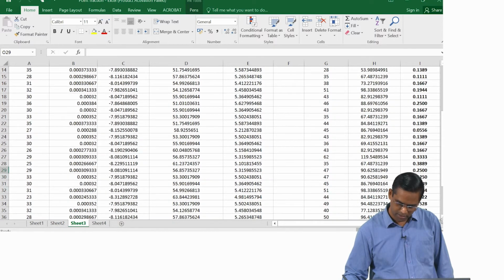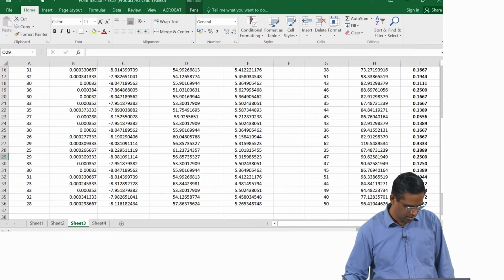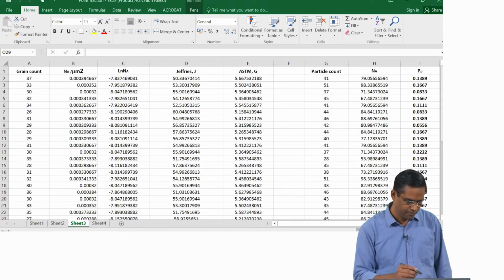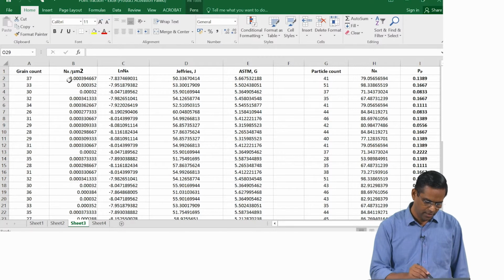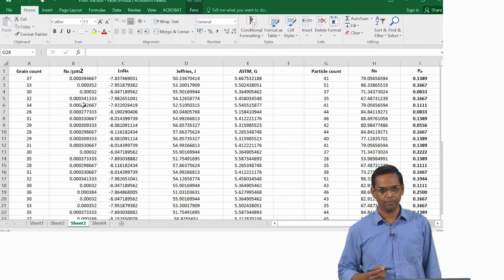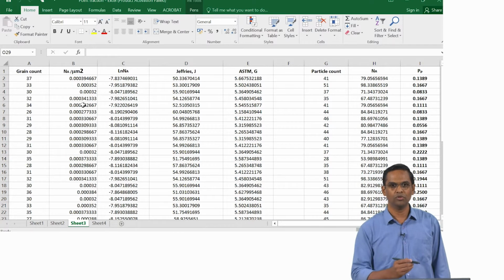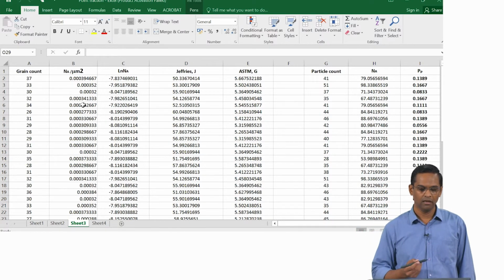I have populated this column up to 35 count I have done, and I have measured this Na, but in this case for calculating the grain size in ASTM and other measures, I have used a micrometer scale.